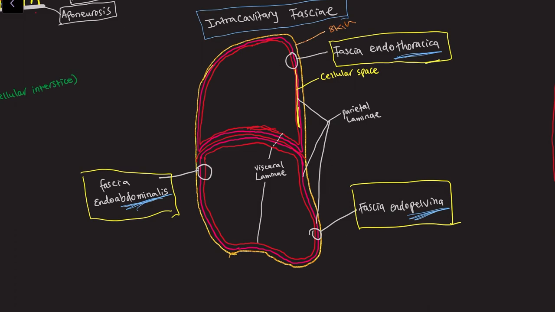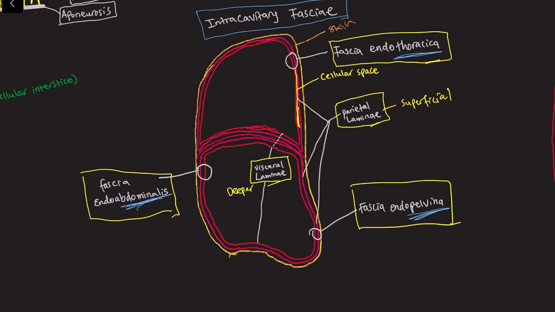Now, the proper fascia divides into two laminae: the parietal lamina, which is superficial, and the visceral lamina, which is deeper.